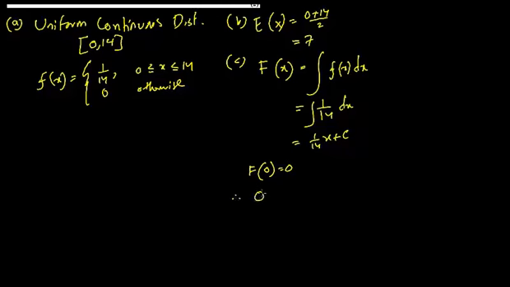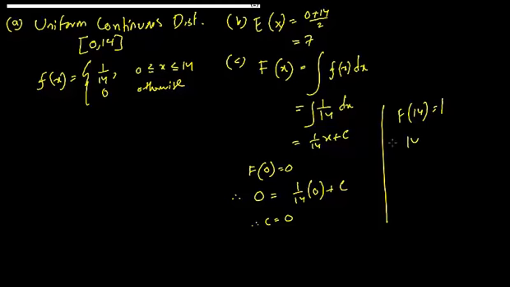Therefore, I'm writing 0 for F(x), and putting 0 in place of x plus c. Therefore c equals 0. Had I used F(14) equals 1, the answer would have been the same. So 1 equals 1 by 14 into 14 plus c. This 14 cancels. c equals 1 minus 1 equals 0. It's the same thing. So the CDF has to be properly defined.